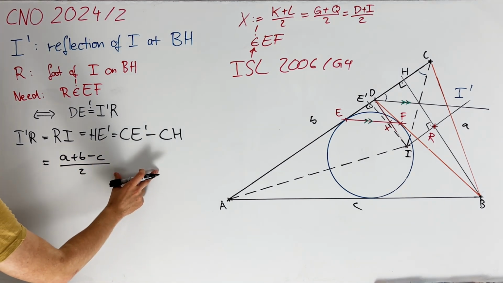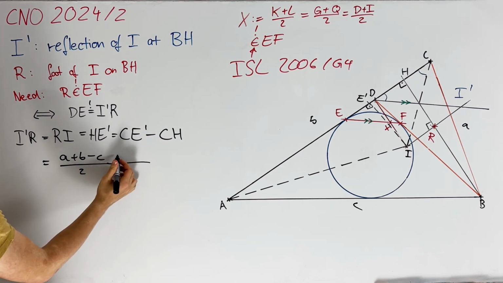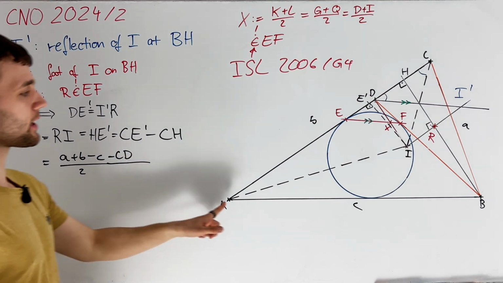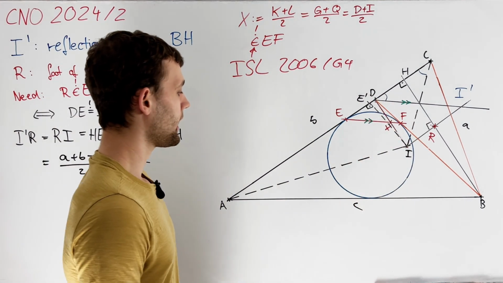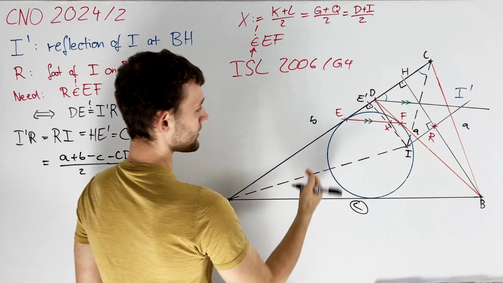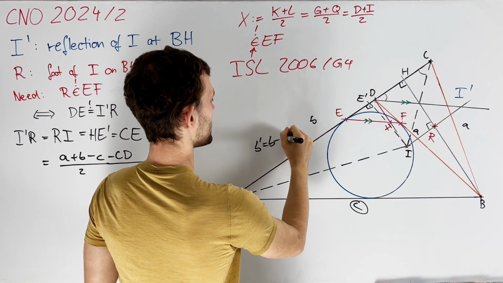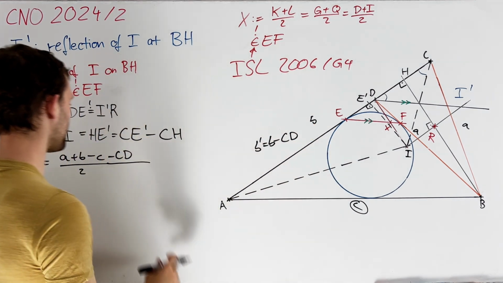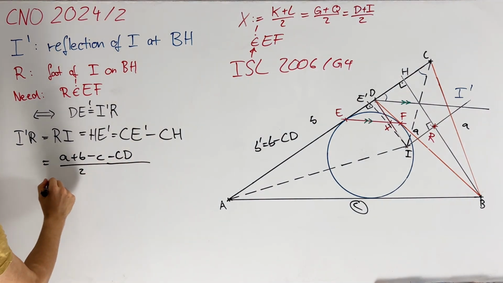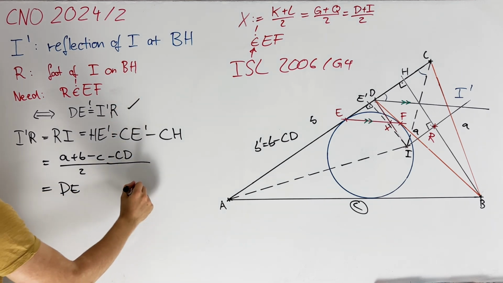Instead of subtracting CH in the end, I want to notice that we can also subtract minus 2CH here, which is equal to CD. Notice that the triangle ABD has side lengths C, A, and, well, B' equals B minus CD. Therefore, this quantity is just the length of the in-circle tangent DE in our smaller triangle. This is the exact equality we wanted to show, and therefore we are done.